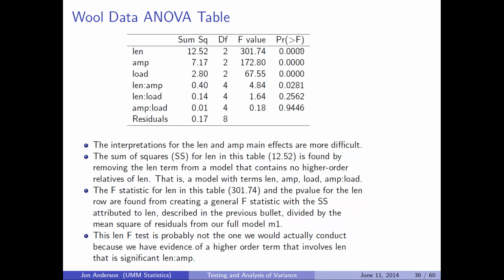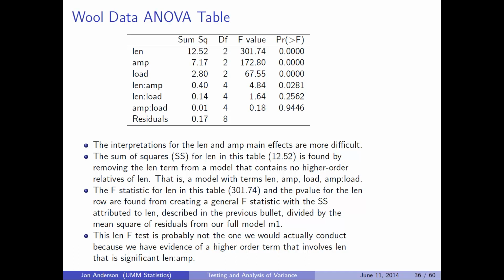The F statistic and the p-value that are given here are using this residuals line for the denominator, which would not be appropriate. To test length, the right test for length would be from using the model that I described previously with length, amplitude, load, and amplitude load terms in it.